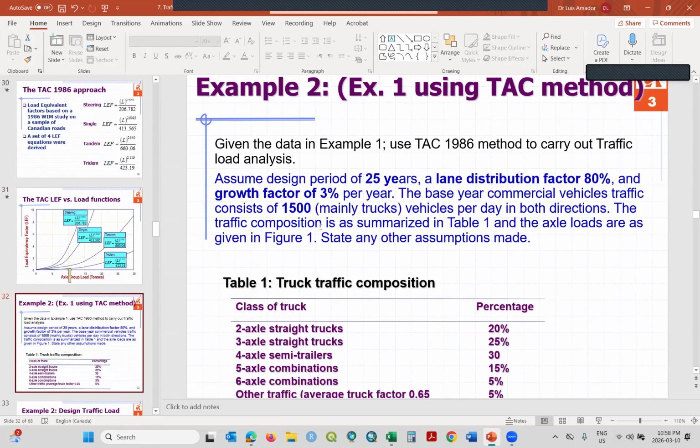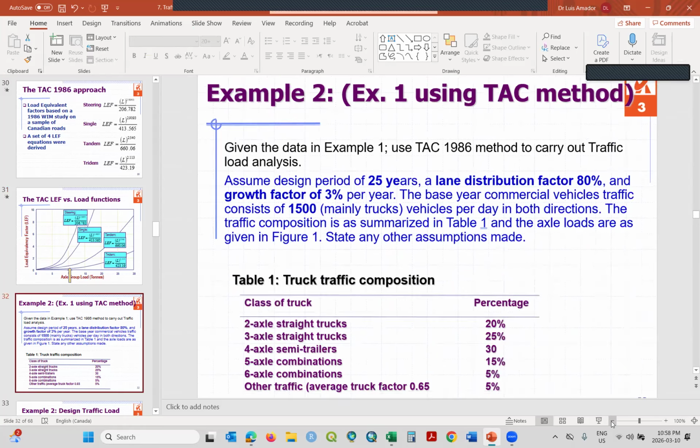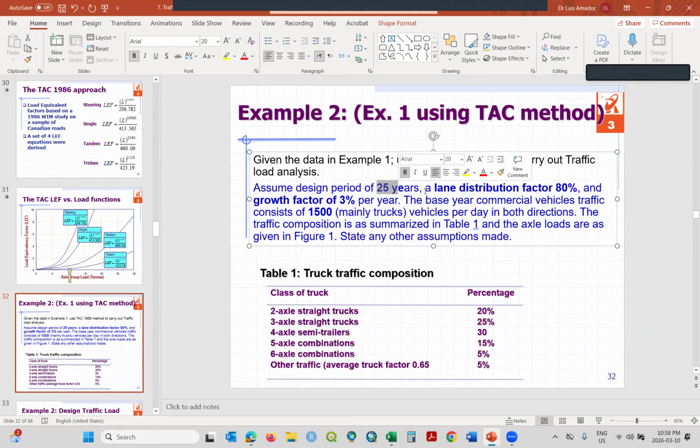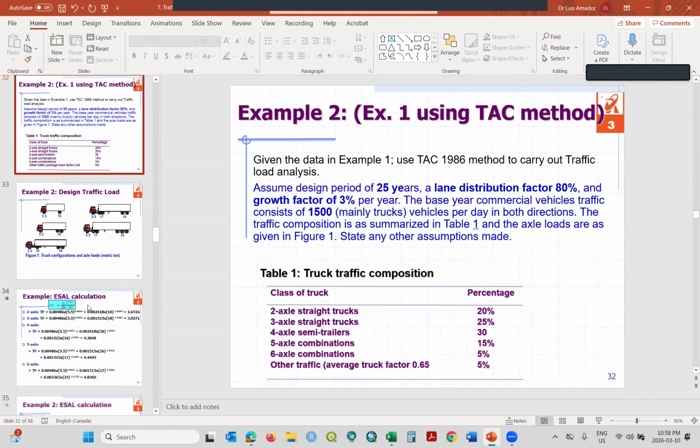Now, if we go back to the previous example, and we use exactly the same values: 25 years, 80% of the traffic on the design lane, 3% growth, 1,500 trucks, everything is the same percentages.